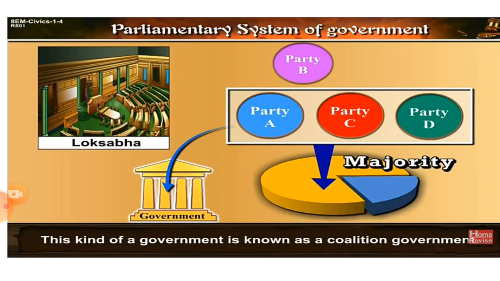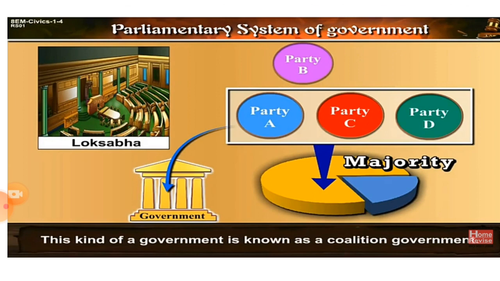Sometimes when no party gets a clear majority, some parties come together to form a majority and they can establish the government. This kind of government is known as a coalition government.